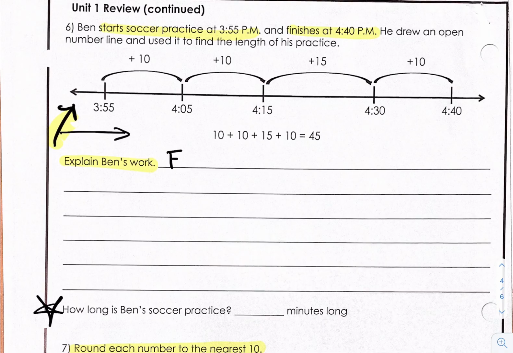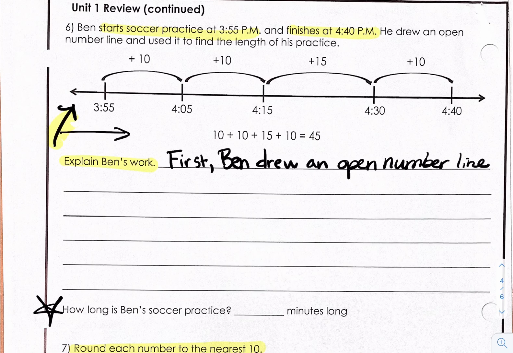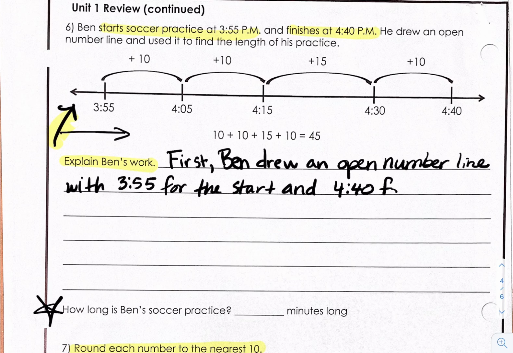So I'm going to say first, Ben drew an open number line with 355 for the start. And what was his end? 440 for the end.